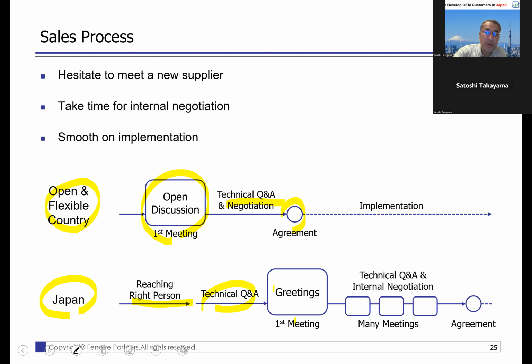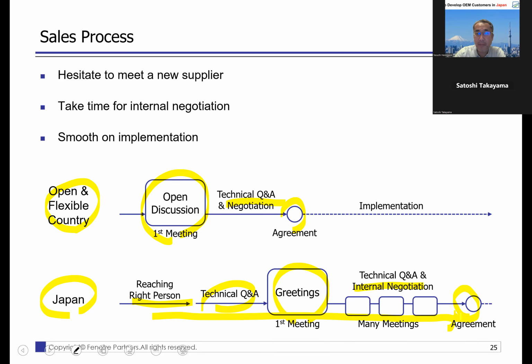But the first meeting is usually greetings. They will give you their company presentation and we will do the same and have some small Q&A. It's like a ritual. And then a lot of internal negotiations happen in the organization, and you are also required to join meetings. So it takes a long time to reach an agreement.